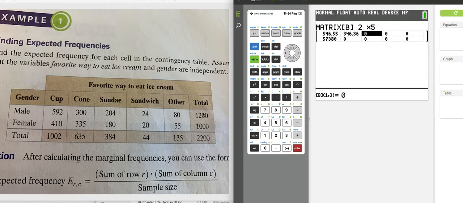So 384 times 1200, divide that by the total, and then go to the next spot, 44, divide that by the total, 135. Okay, and then go down to the next column.